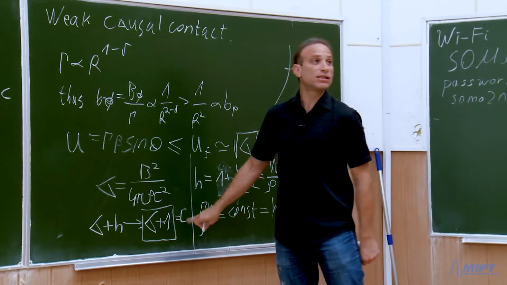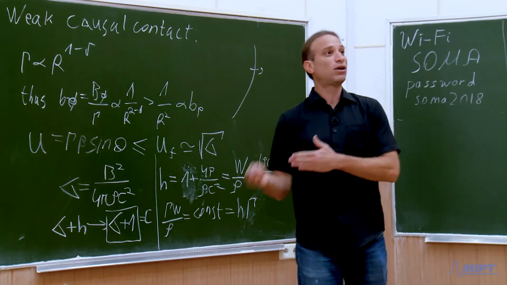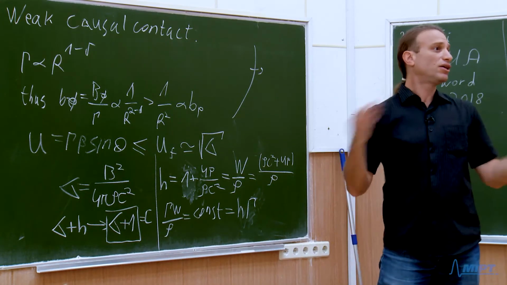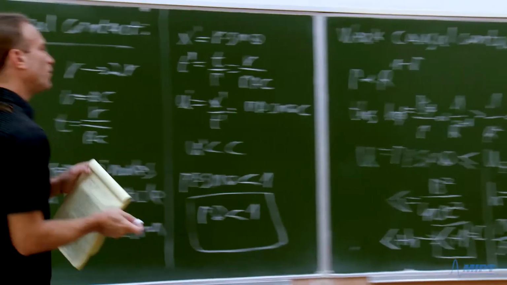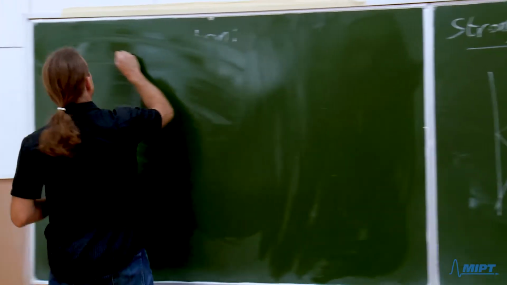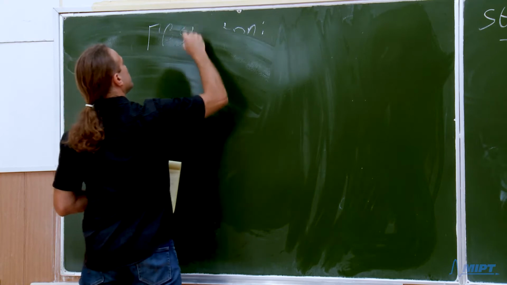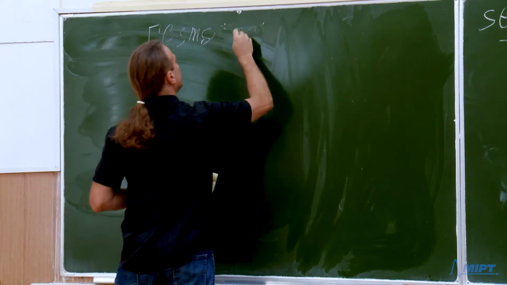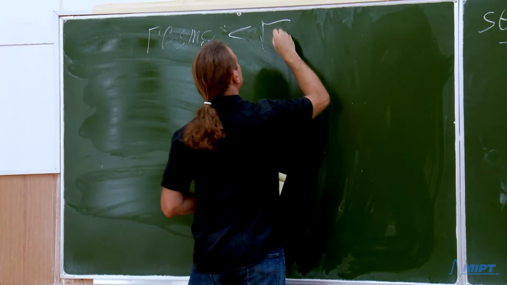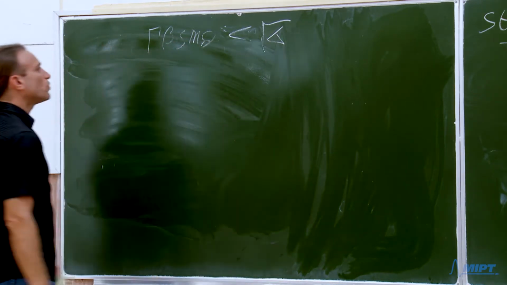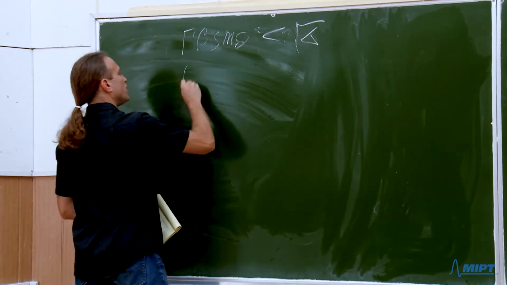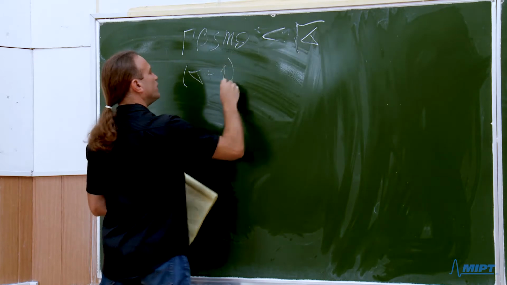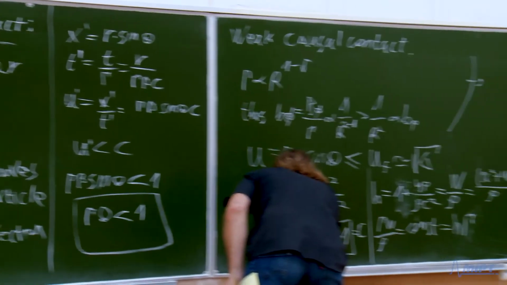And I call this constant sigma 0. It basically should be sigma 0 plus 1, but if sigma 0 is high, I just call this constant sigma 0. So the relation that I have is that gamma beta sine theta is smaller than the square root of sigma. And I also have the conservation of sigma plus 1. I forgot gamma here, right?